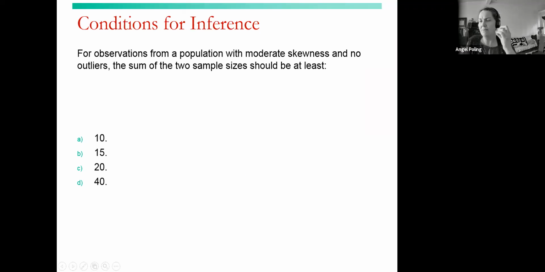So from observations from a population with moderate skewedness and no outliers, the sum of the two samples should be at least. So just judging from the last chapter, we did get a very clear number, right? I've got the book right in front of me, so I'll see if I can see the page in 21. But we did get an exact number, and that was for moderate skewedness.